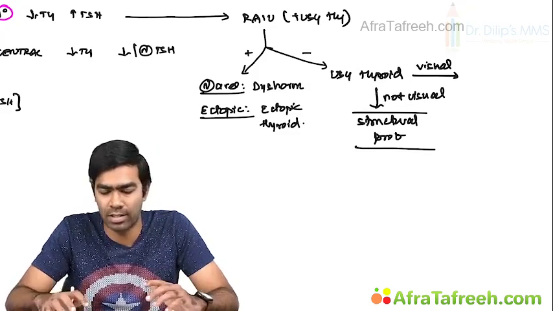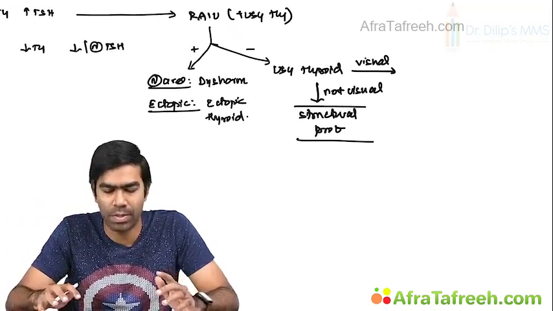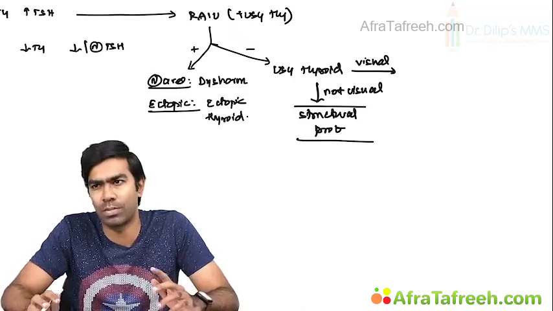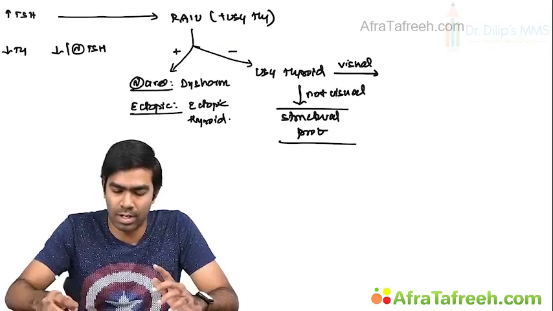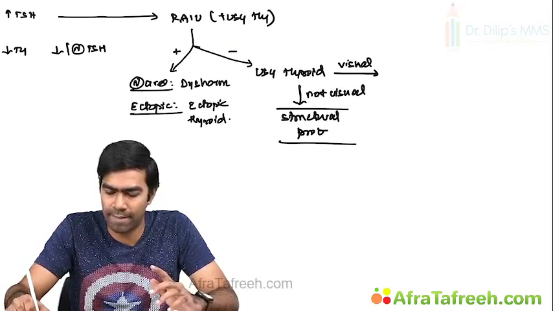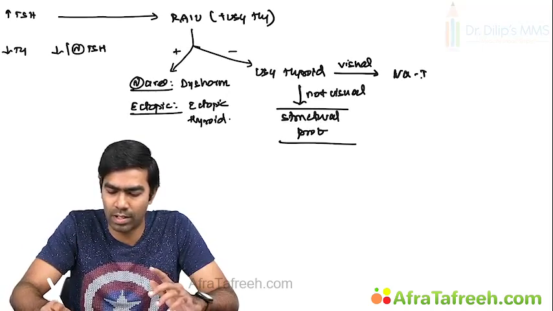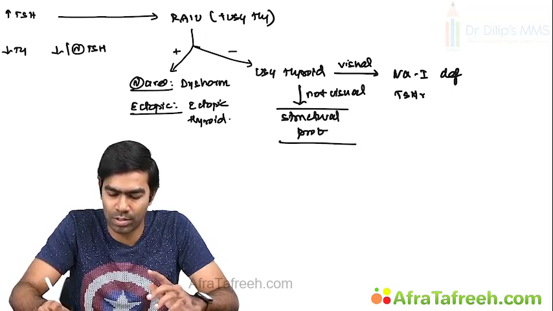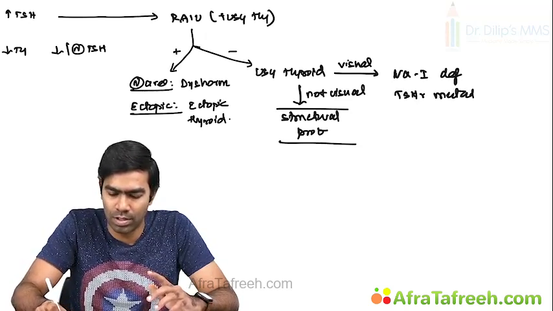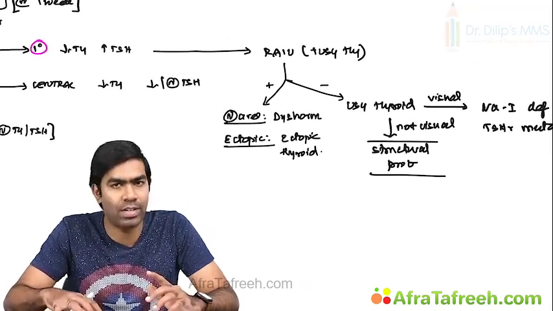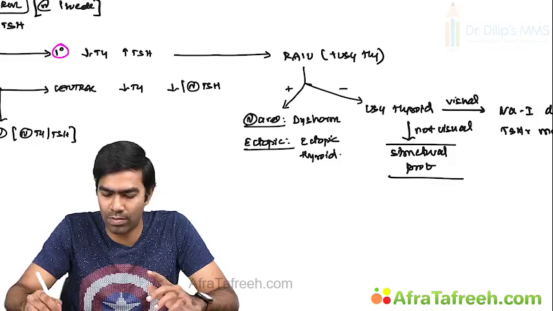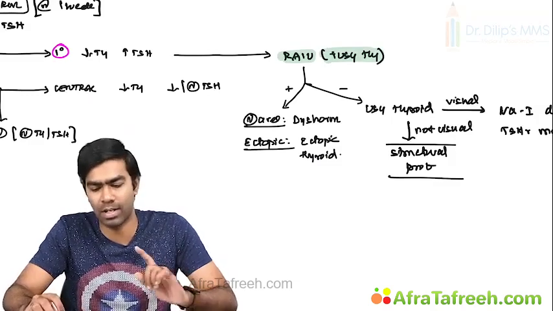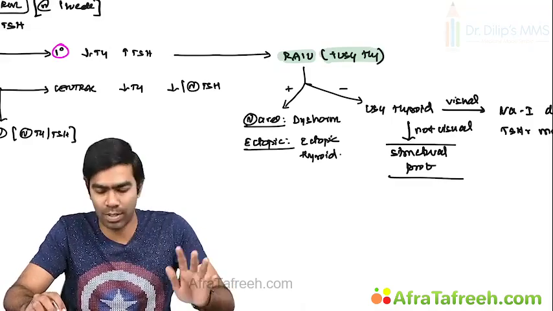If the thyroid is visualized normally but the uptake is not there, what could be the possibility? Rarer possibilities, like sodium iodide transporter deficiency or TSH receptor mutation. Very rare causes. Even though I have classified the causes, most importantly you have to know the next step: to find out the etiology, you need radioactive iodine uptake and ultrasound of the thyroid. Very, very important.